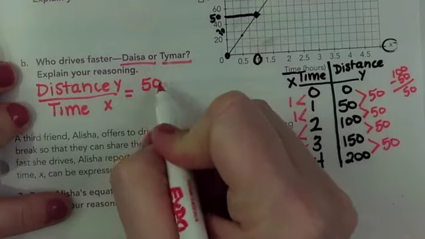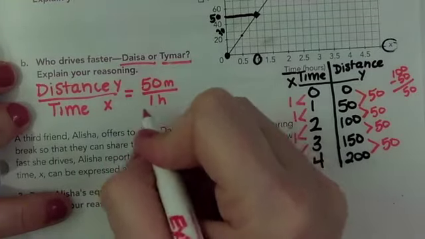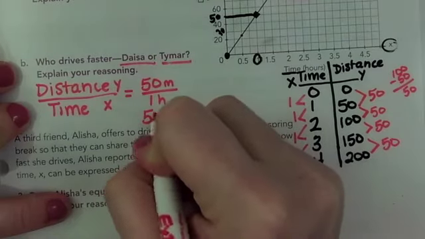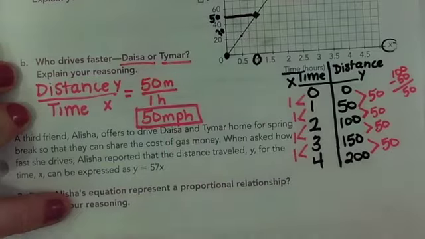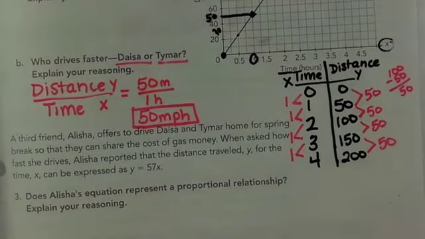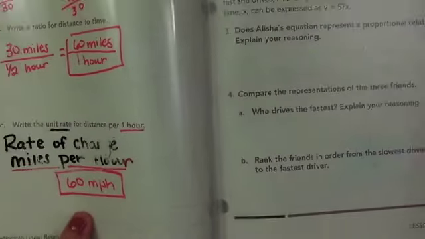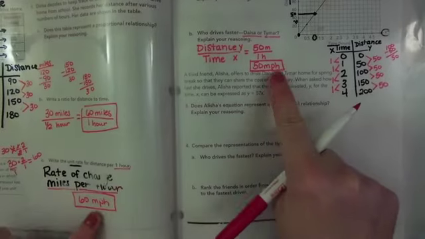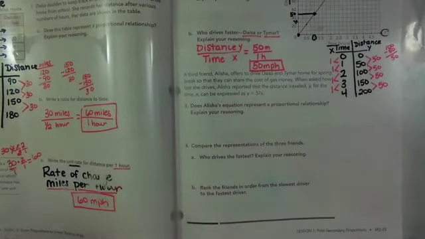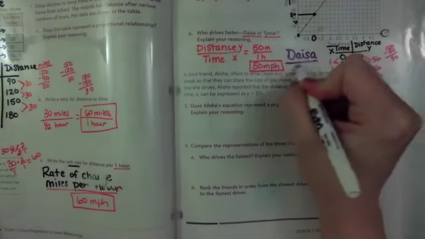He was going 50 miles per 1 hour, or 50 miles per hour. So if you divide 50 by 1, you get 50. So then if we look, Desa was going 60 miles per hour and Timar is 50. So who's going faster? It was definitely Desa.